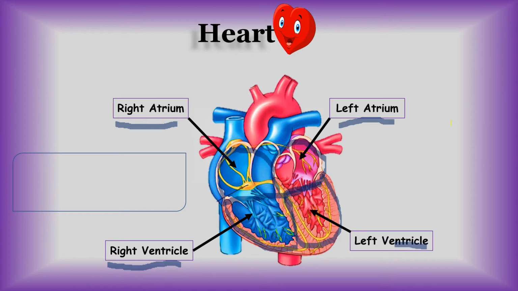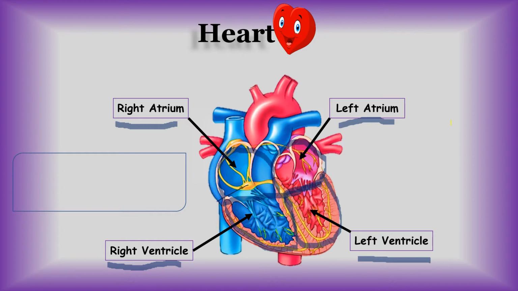Left ventricle. The left ventricle receives blood with oxygen from the left atrium and gives it to the body and circulates it in the body. This much is clear, children?